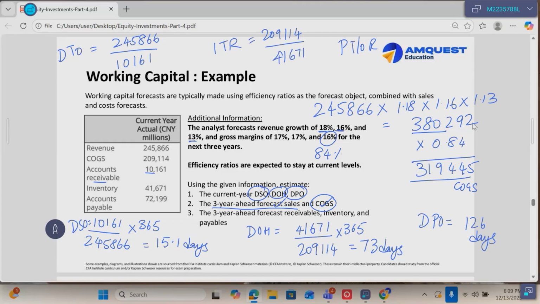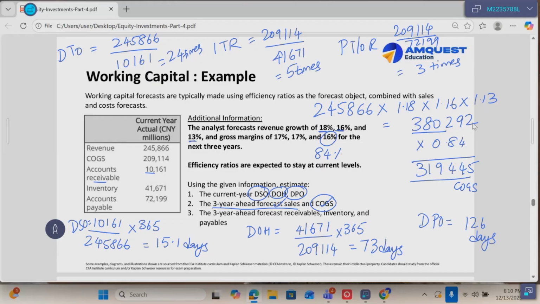Payables turnover ratio is again COGS 209,114 divided by payables 72,199. Receivable turnover ratio is around 24. Inventory turnover ratio is around 5. The unit of measurement is times. Payables turnover ratio is around 3 times. It is around 2.8. I have rounded up.